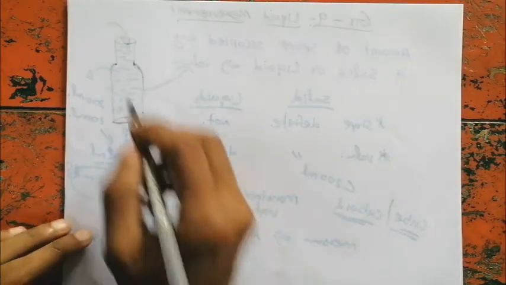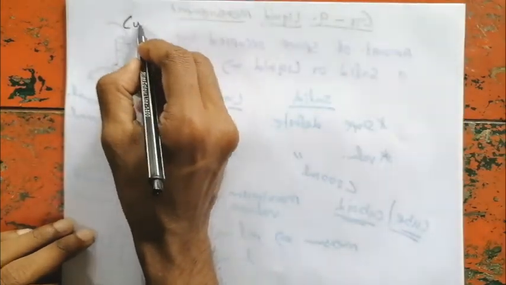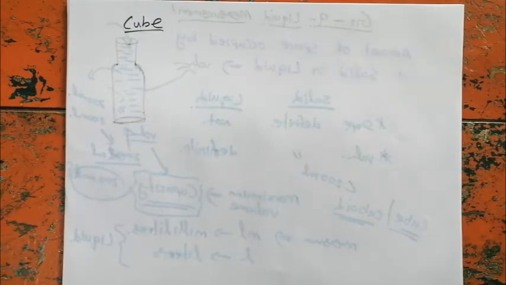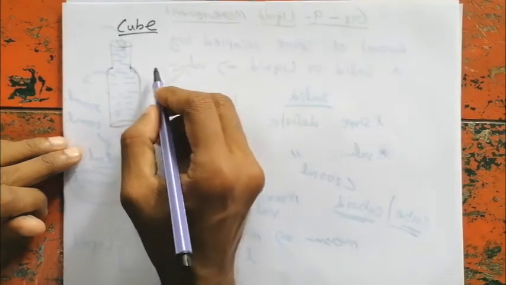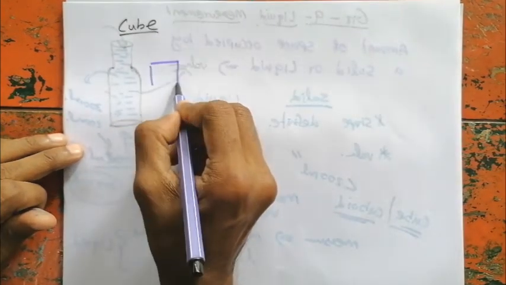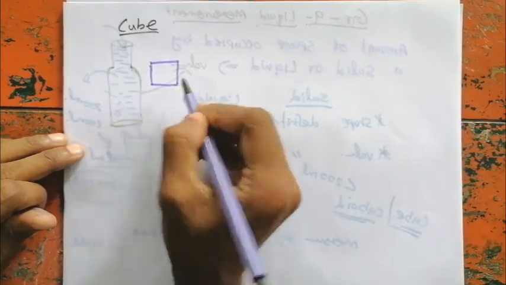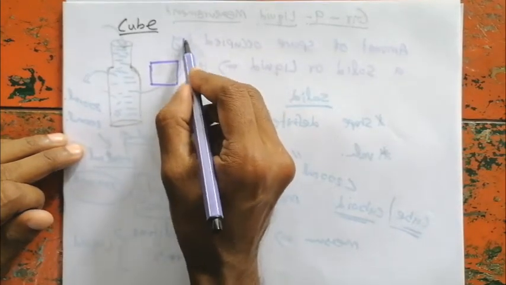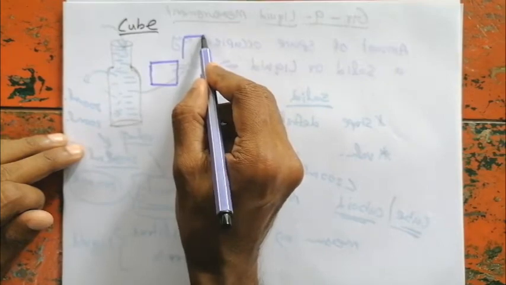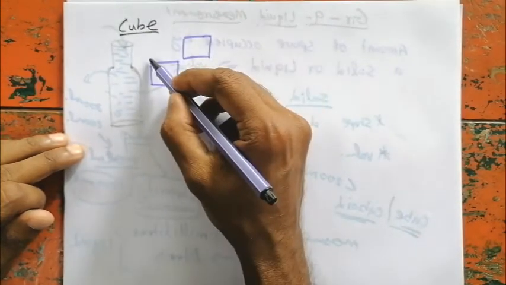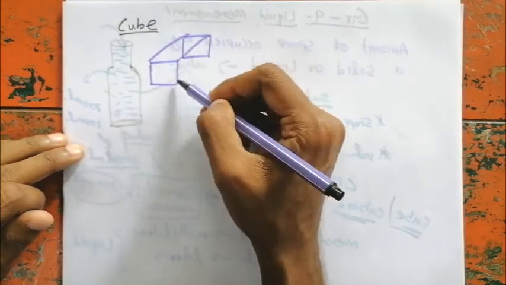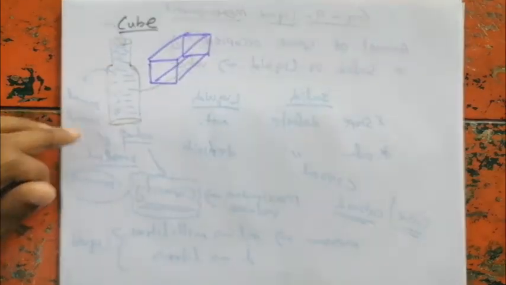Okay, first we draw a cube. So how to draw a cube? Draw a square. Draw another square slantly. So what is its name?